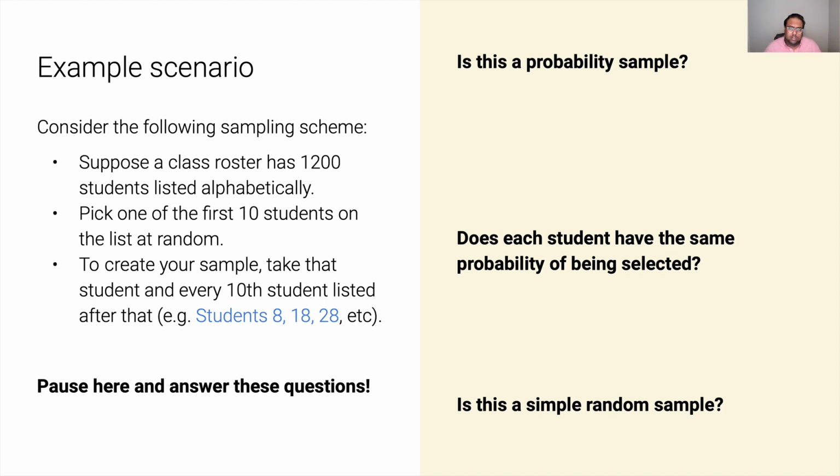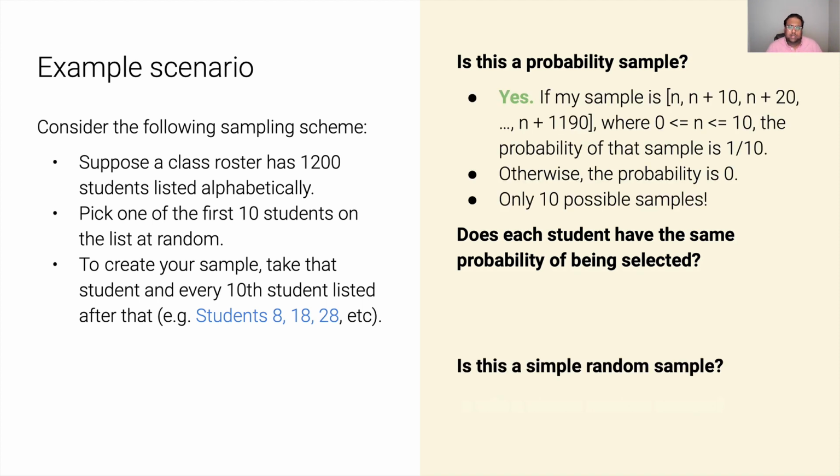So there are only 10 possible samples, and each of them occurs with probability 1/10. If the sample you want me to find the probability of is one of those, the chance of it happening is 1/10. If it's not one of those, the chance is 0. So this is indeed a probability sample, because for any possible sample, I can tell you the probability of that being my sample.